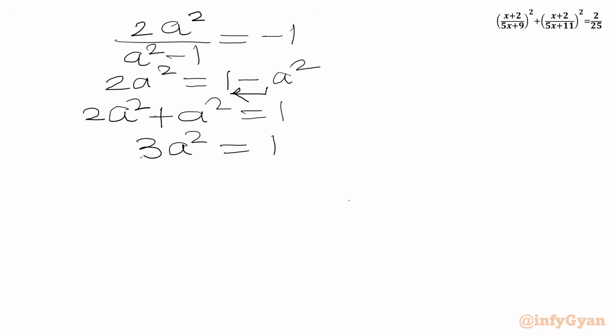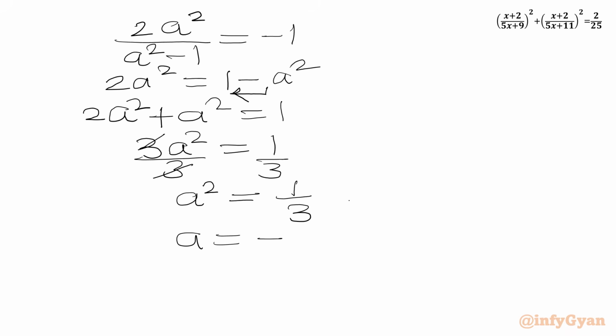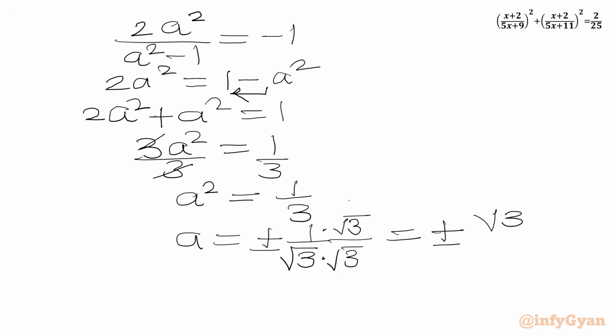After dividing by 3 on both sides, we get a squared equal to 1 over 3. Now we will take the square root on both sides. So a will be equal to plus minus 1 over square root 3. Now we can rationalize the denominator by multiplying numerator and denominator by square root of 3. So a will be equal to plus minus square root 3 over 3.